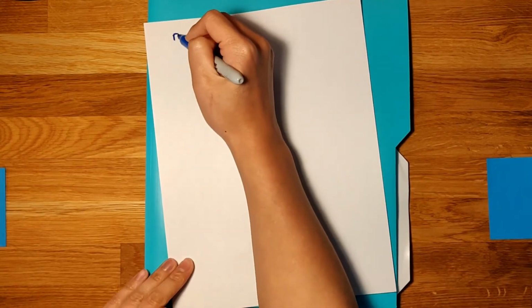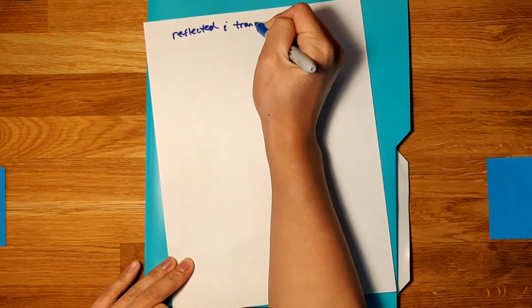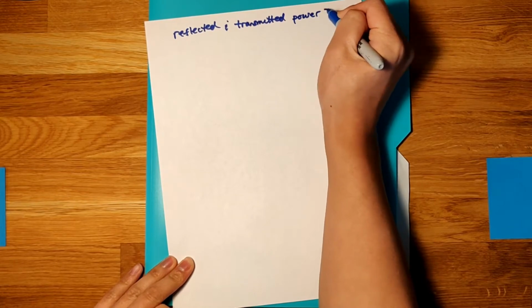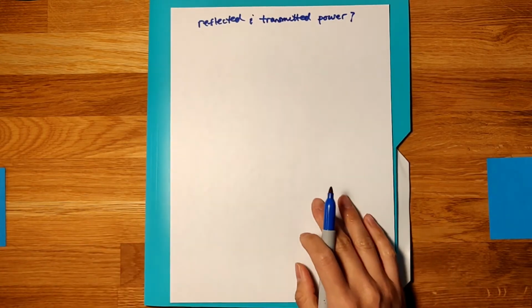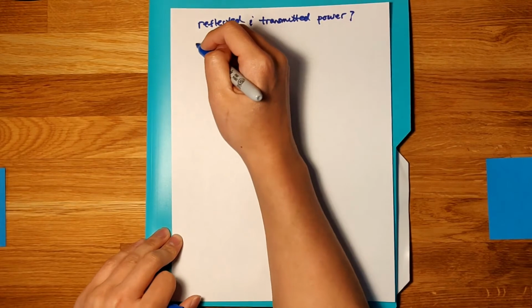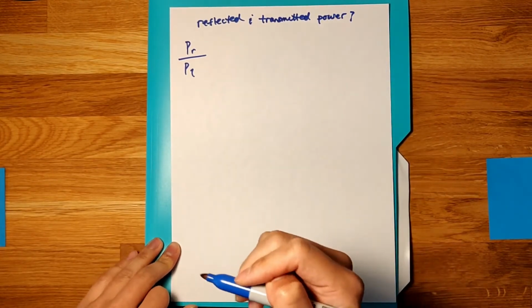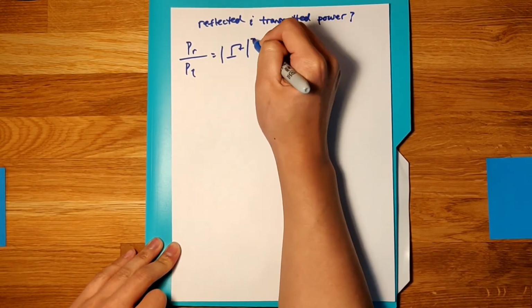Now the problem's also asking for the reflected power and transmitted power. So let's just first find the reflected power. Well, reflected power is simply PR over PI, representing reflected and incident, which is simply just going to be gamma squared.